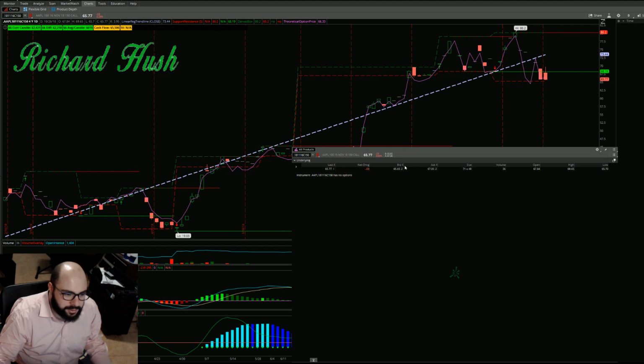So if these contracts are sold, that means the heavy lifting, the big money, is starting to leave. And if they're starting to leave, well, Apple doesn't really have much money coming into it and doesn't have much support.